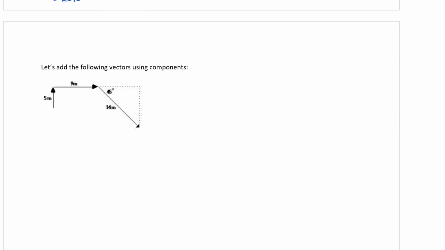Let's see about adding this one using components. This one isn't very tricky. Let's call this one vector A, this one vector B, and this one vector C. I'm going to think about all the x directions and all the y directions.